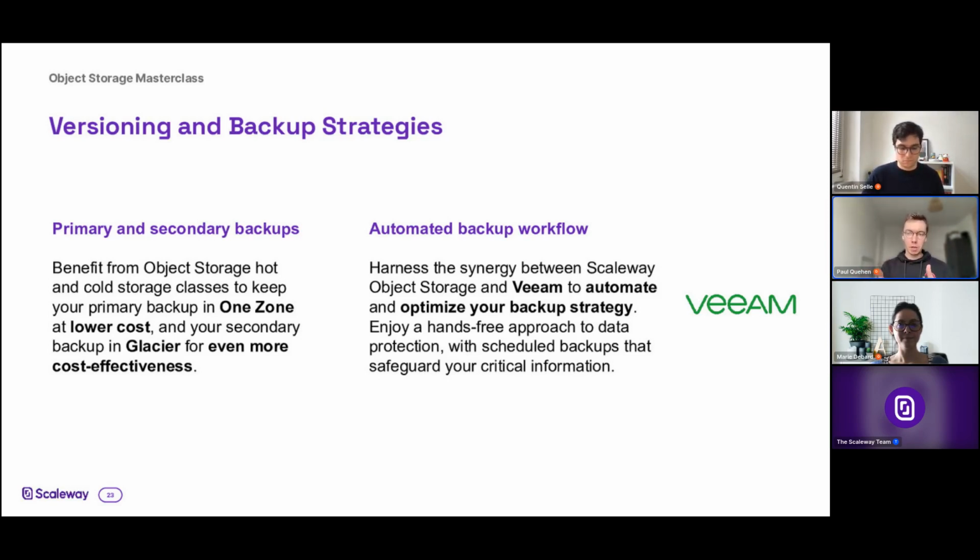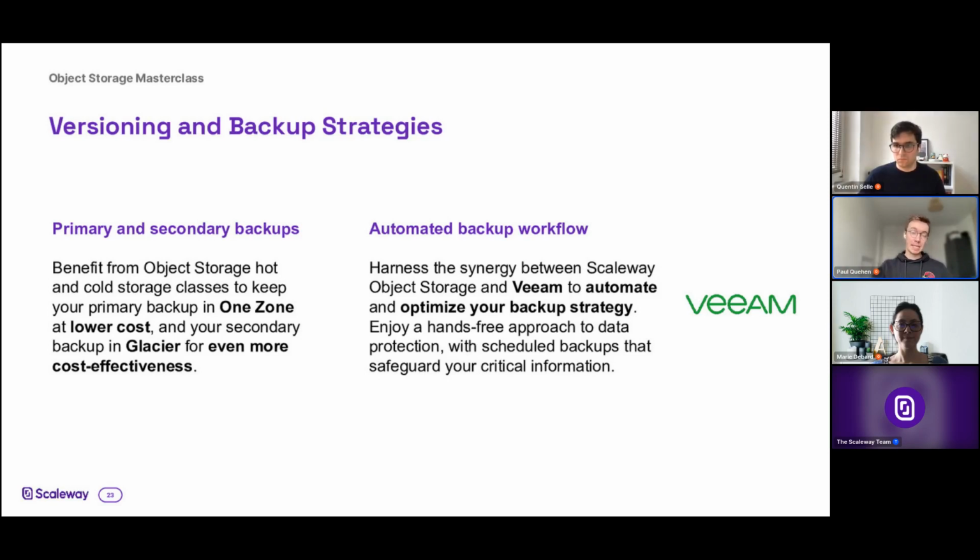The secondary backup is the one to store your backups for even more cost effectiveness. In case your primary backup has an issue, you will be able to restore the secondary backup. You will have to wait for a few minutes up to hours, but you will find this, and those backups are stored on the Glacier cold storage class.